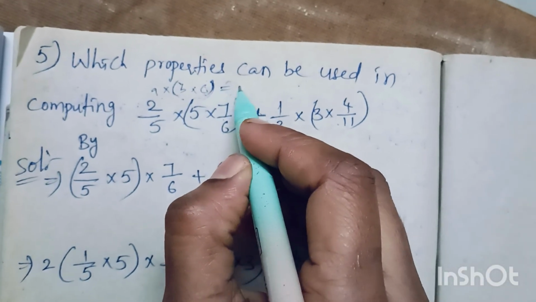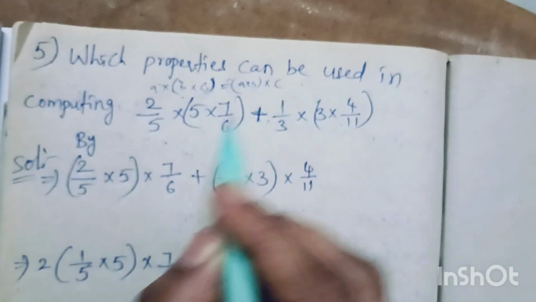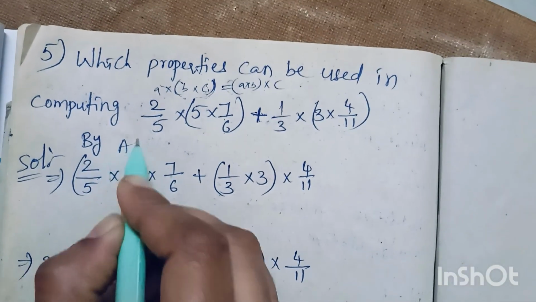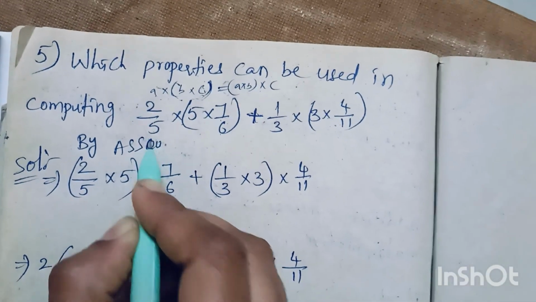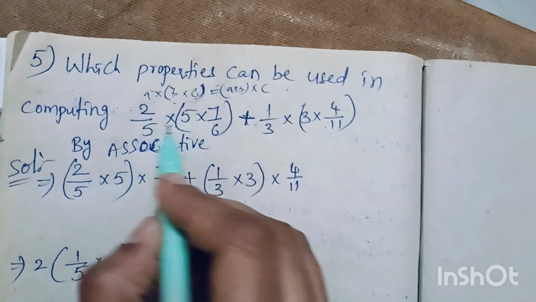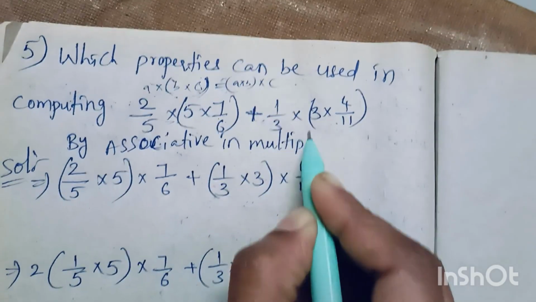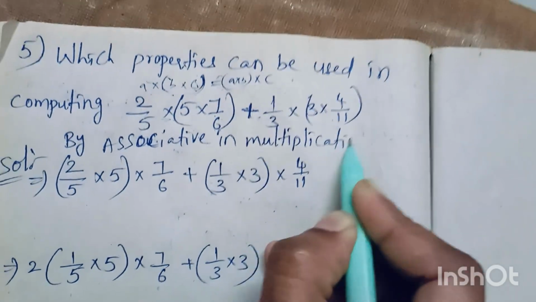associative property. So we can write here A into B into C. So by which property? By associative property, which is there in multiplication. Associative property in multiplication.